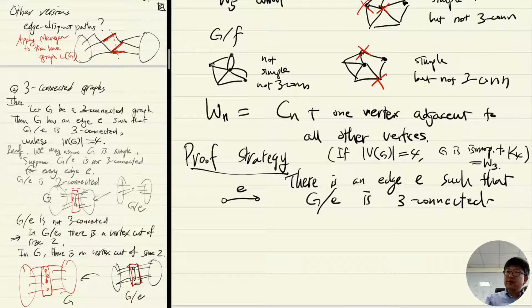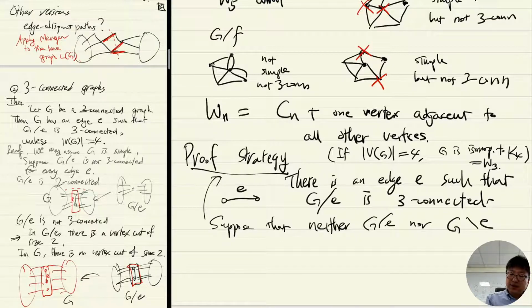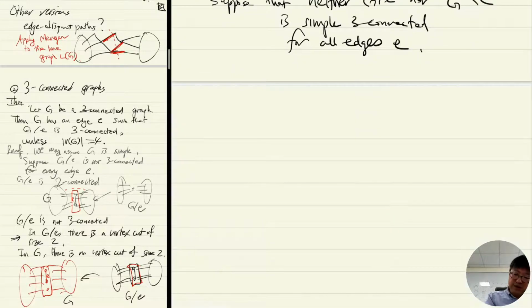But that means we can assume that this graph is not simple. So suppose that neither G contract E nor G delete E is simple three-connected for all edges E. That means G contract E is not simple.